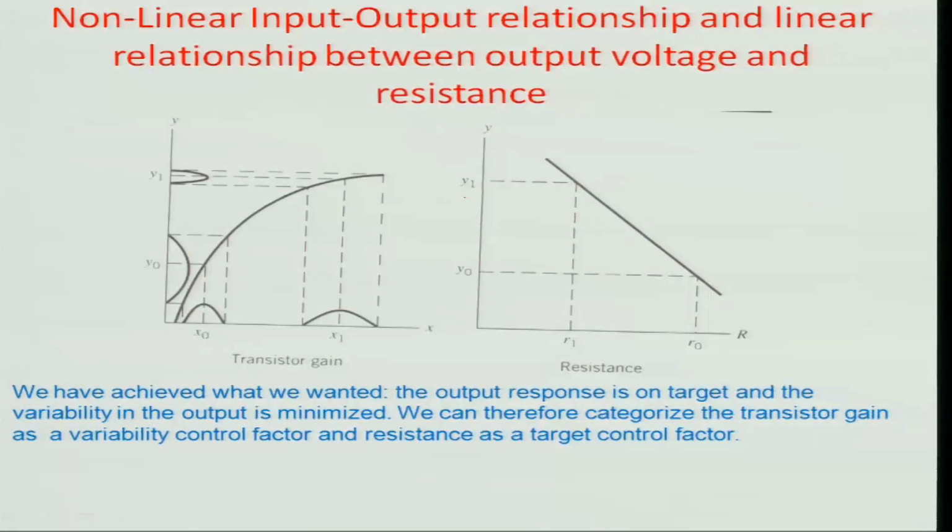This is how you can vary the y, which is the output voltage of the circuit, and this is the transistor gain. Okay, so, this is the gain voltage, and you can vary, as you can see, in a non-linear manner, the y versus the gain voltage x.